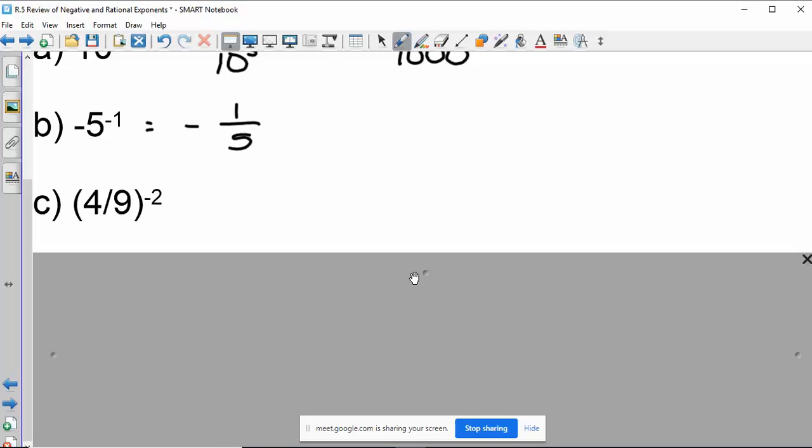If I give you a fraction to a negative power, what happens to that? We don't want to write 1 over 4 over 9. We don't want a fraction in a fraction. So what would that negative do here?